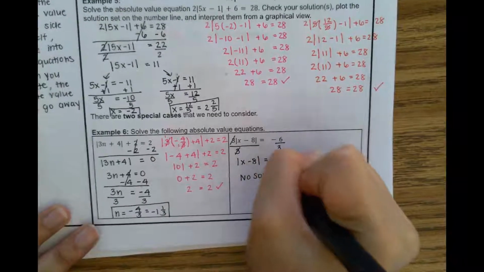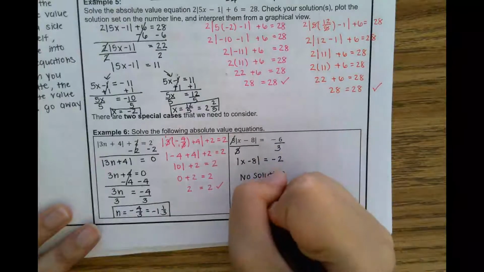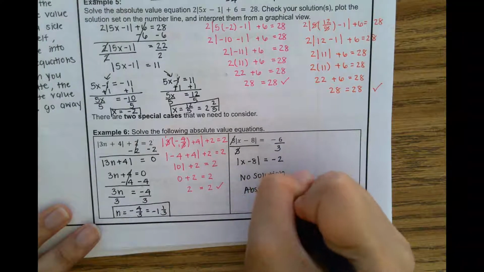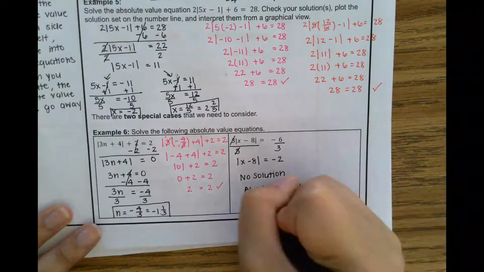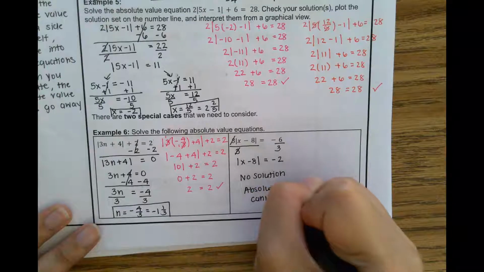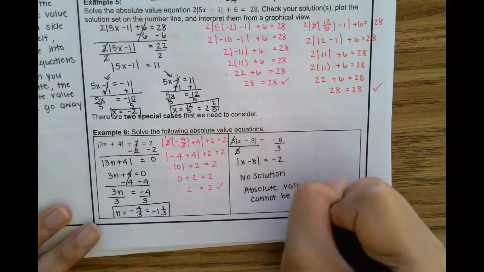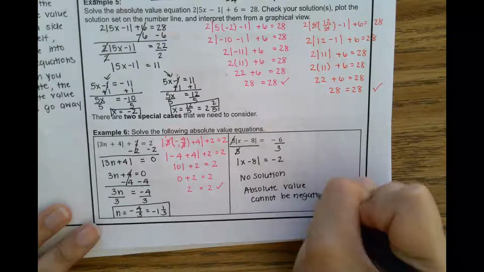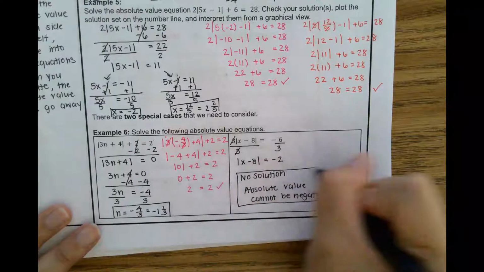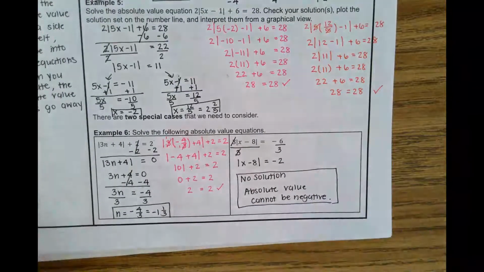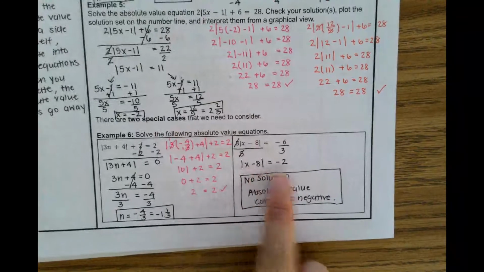The reason is because absolute value cannot be negative. And so my answer is no solution, because my absolute value here equals a negative number.